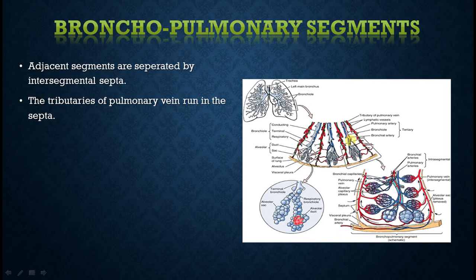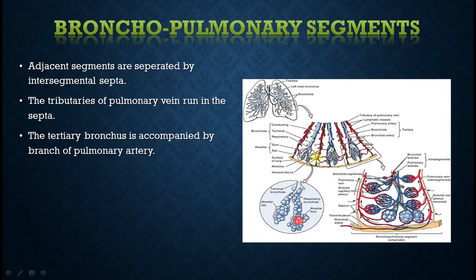Your pulmonary vein is intersegmental. I told you the bronchus is accompanied by the pulmonary artery, whereas the pulmonary vein is intersegmental. Now because it is intersegmental, a tributary of the pulmonary vein can drain more than one bronchopulmonary segment. So for example, this can drain this and this, more than one.